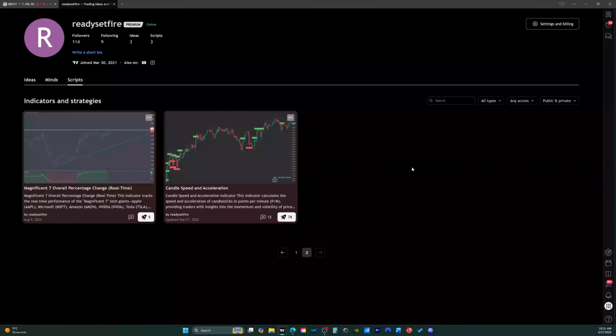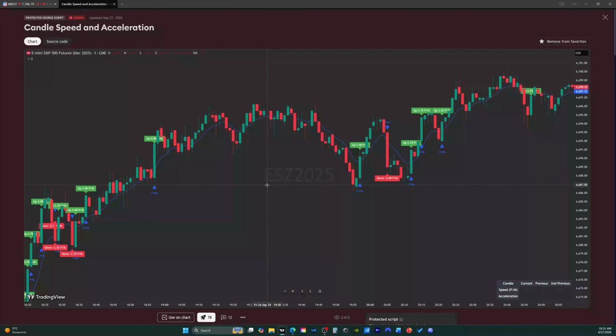This is the reason why I'm releasing my indicators as invite only: TradingView is hiding my indicators, like this one here, for example, Candle Speed and Acceleration. It's hidden. I cannot share this with anybody. You'll be able to add it to your chart, but you won't be able to set alerts on it anymore because TradingView decided to hide it. They don't like the descriptions I use or something. But anyway, that's a topic for another video. Stay tuned for that and see you on the next video.